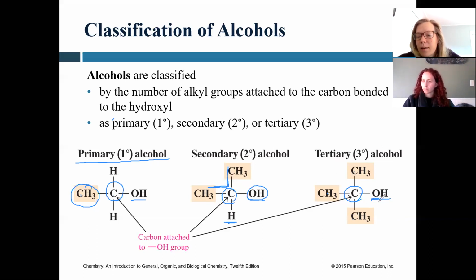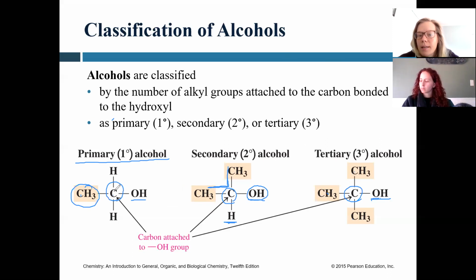This happens when the OH is attached in the center of the carbon chain, and that carbon also has an alkyl accessory or an additional carbon branch. Why does that matter? It matters with its reactivity.